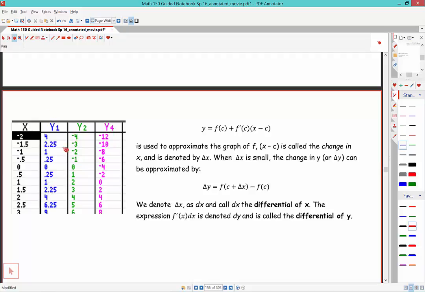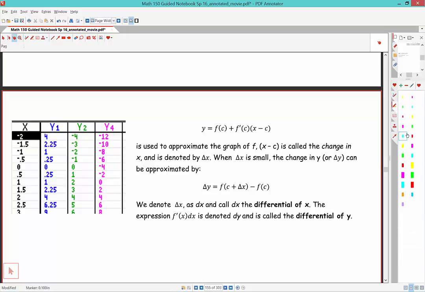So the first one, the blue, is our original function. The second one is the derivative function. And this third one, the pink one, is the line that's tangent to this blue curve at x equal to 2.